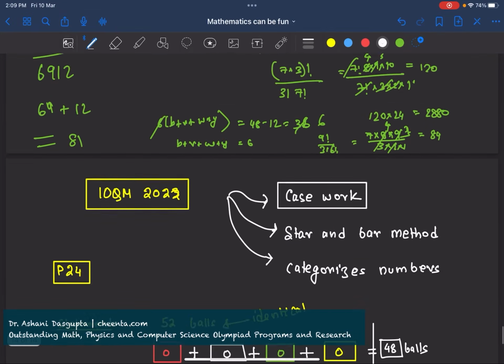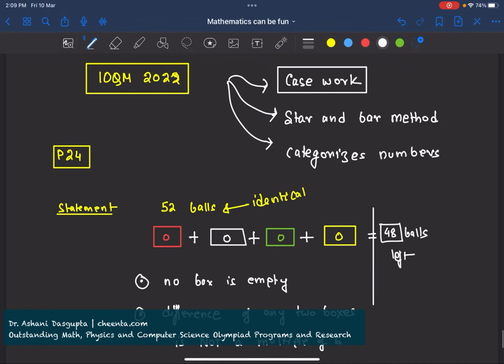So here I will talk about something called the categorizing of numbers.